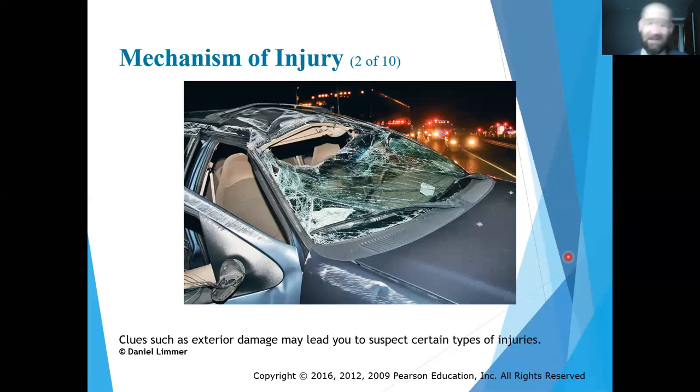But were they bouncing around in it? What kind of forces could be applied to somebody that's bouncing around in a car that's overturning? All right, so we can get forces applied to the head, anywhere on the body. Basically, they become like a shoe in a dryer, right? They're just bouncing all over the place inside of there.